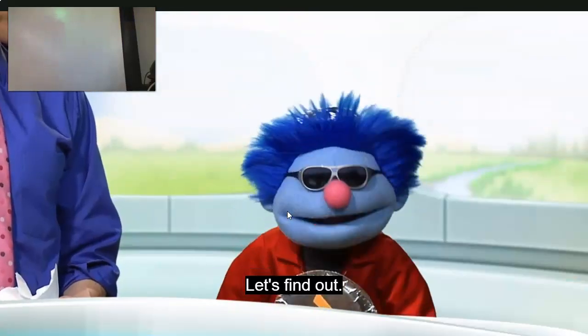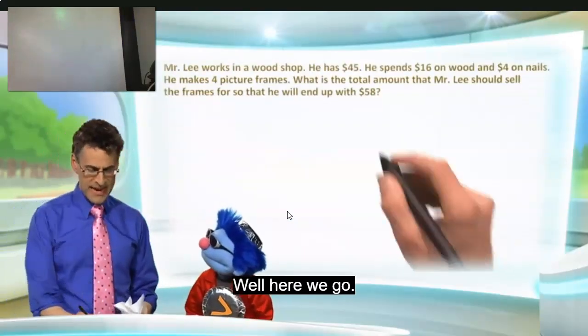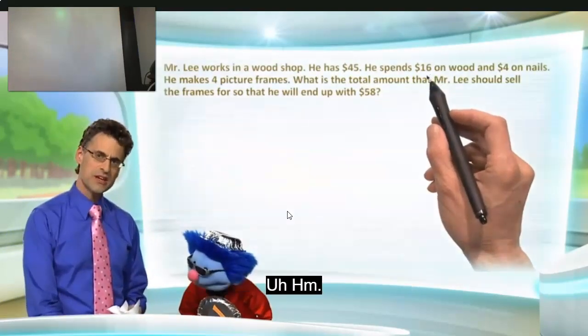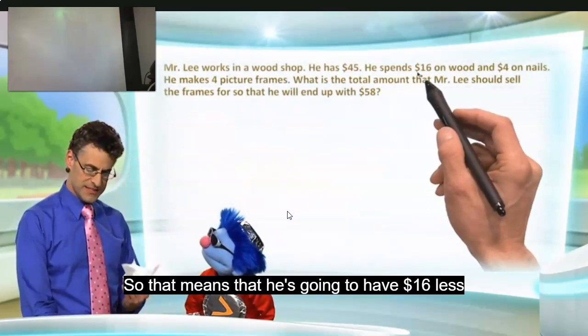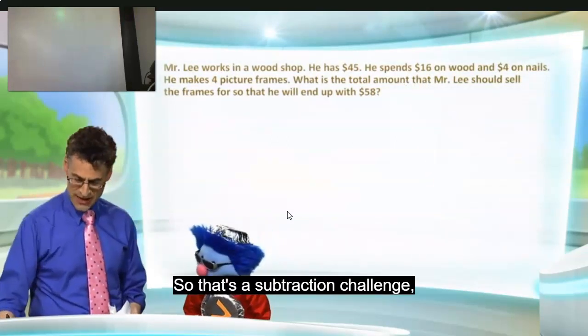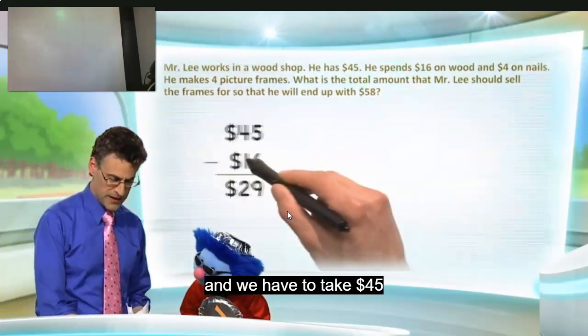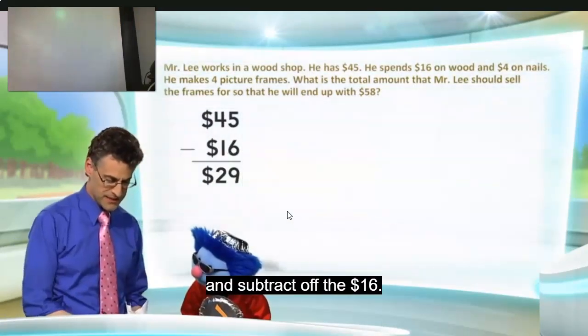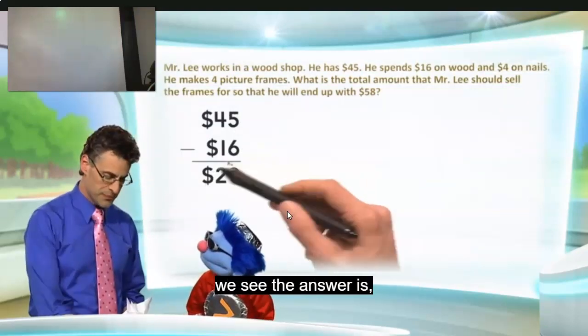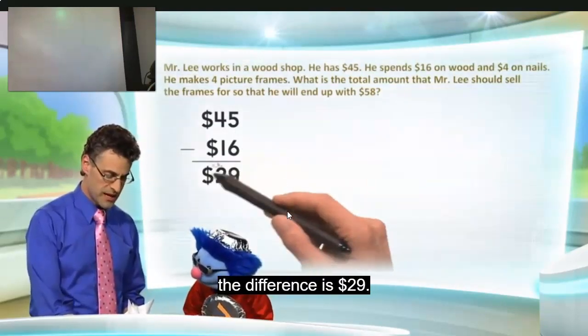Let's find out. Okay, well, here we go. He has $45 and he spends $16. So that means that he's going to have $16 less than 45. So that's a subtraction challenge. And we have to take $45 and subtract off the 16. And when we actually perform the subtraction, which we've done a lot, we see the answer is, the difference is $29.